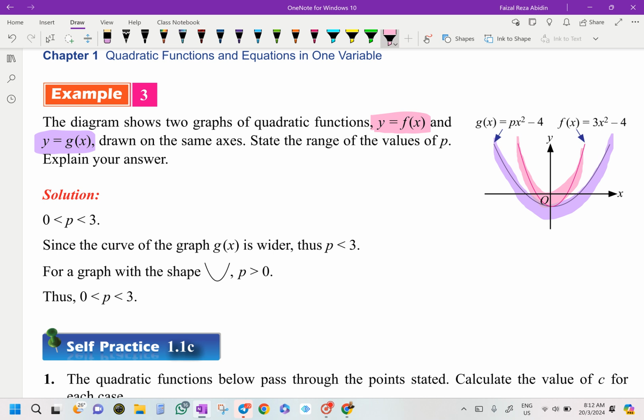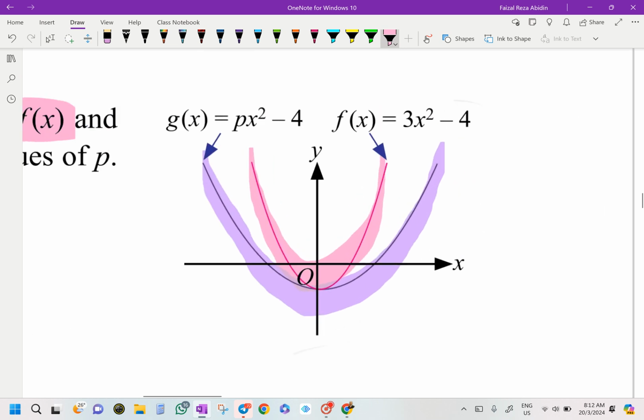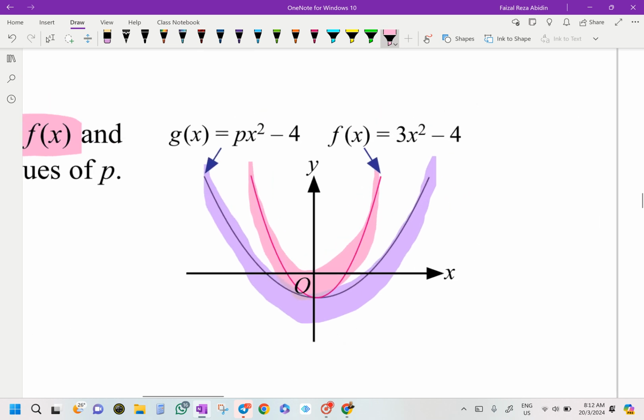So what can we say? Kalau wider ni apa punya effect? Kita punya A. Betul tak? So A, kalau wider, A dia lebih besar ke lebih kecil? Yes, lebih kecil.